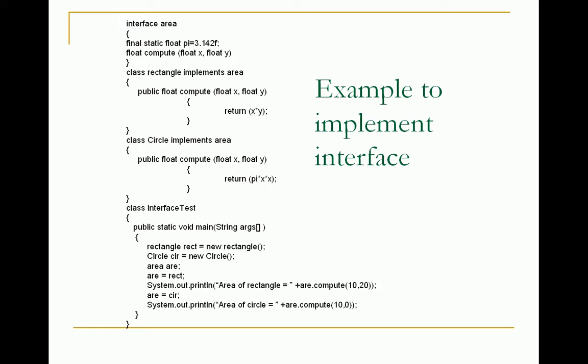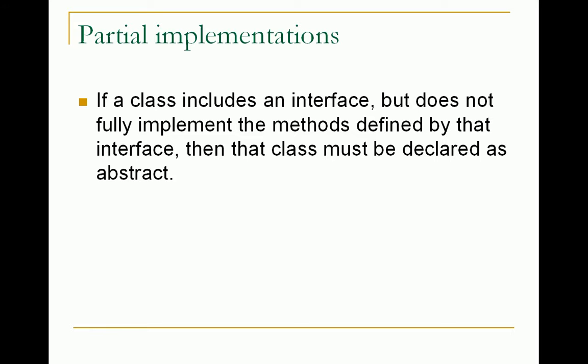They have not implemented the other method show. Then it shows an error, because whatever methods are declared in the interface should be implemented within the classes. In that case, if a class includes an interface but does not fully implement the methods defined by that interface, then that class must be declared as an abstract class. Then only it will work.